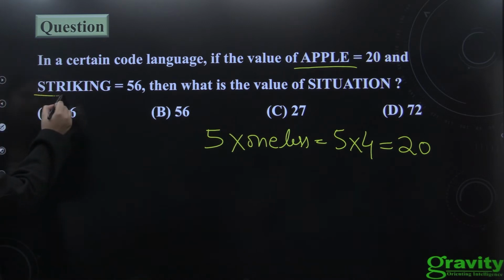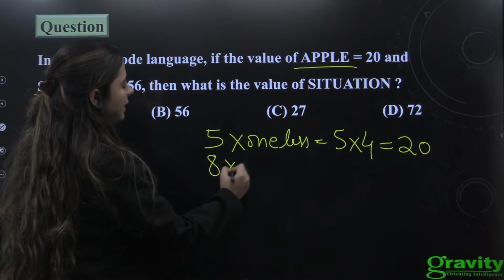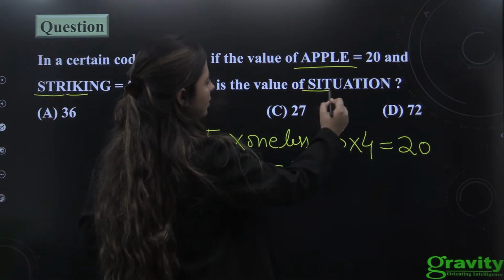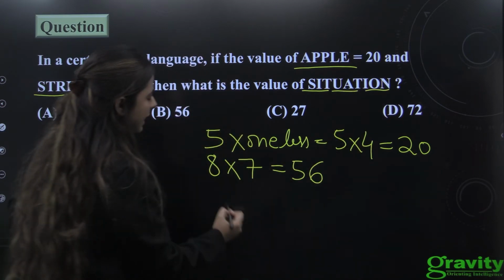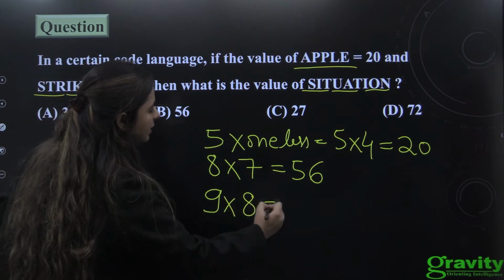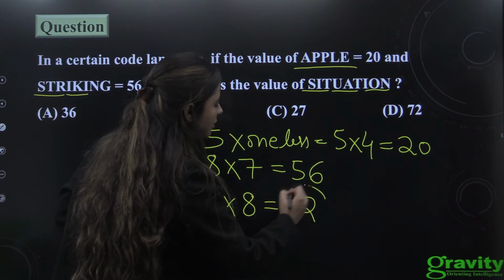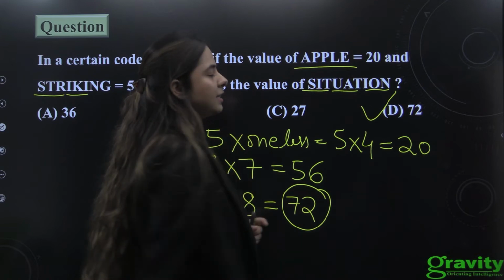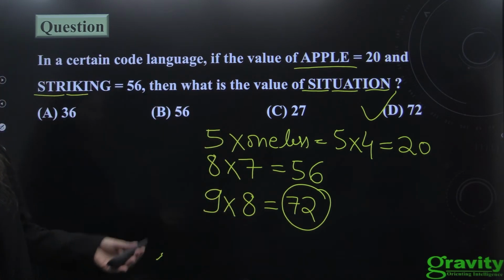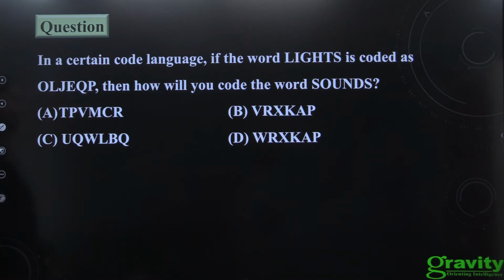Striking has how many letters? 8. 8 into 1 less, 7. 8 into 7, 56. Situation has 9 letters, 9 into 8, 72. D is our correct option.